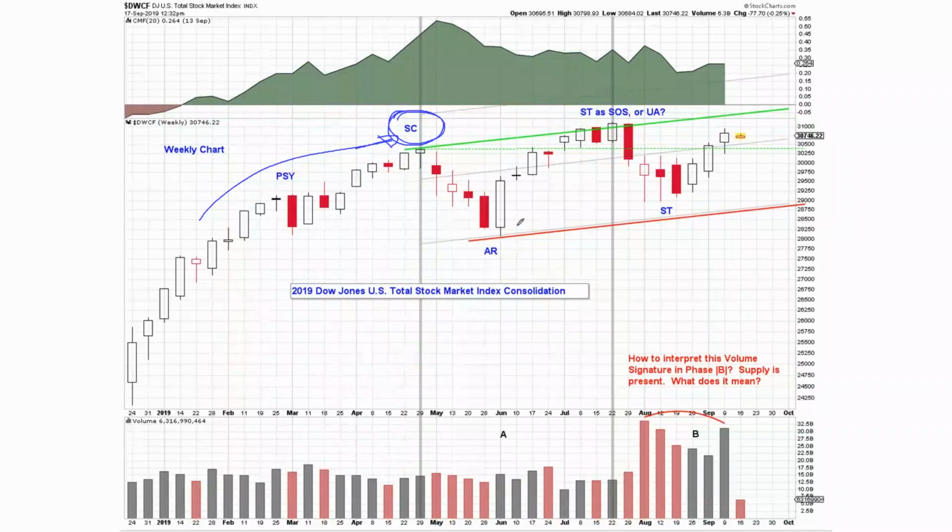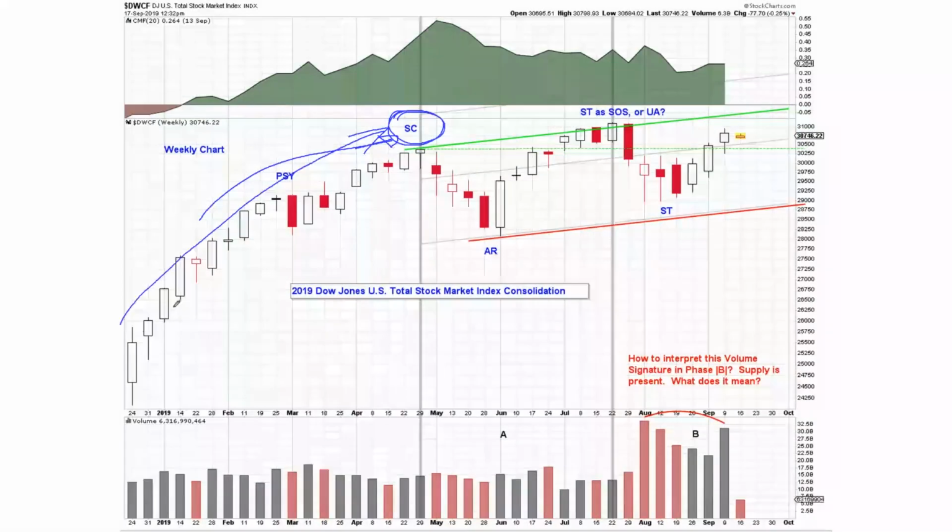Climactic action, in this case, is buying, not selling, that's what's happening. So we are having a climax of a buying wave, not a selling wave. So that's my primary argument there.